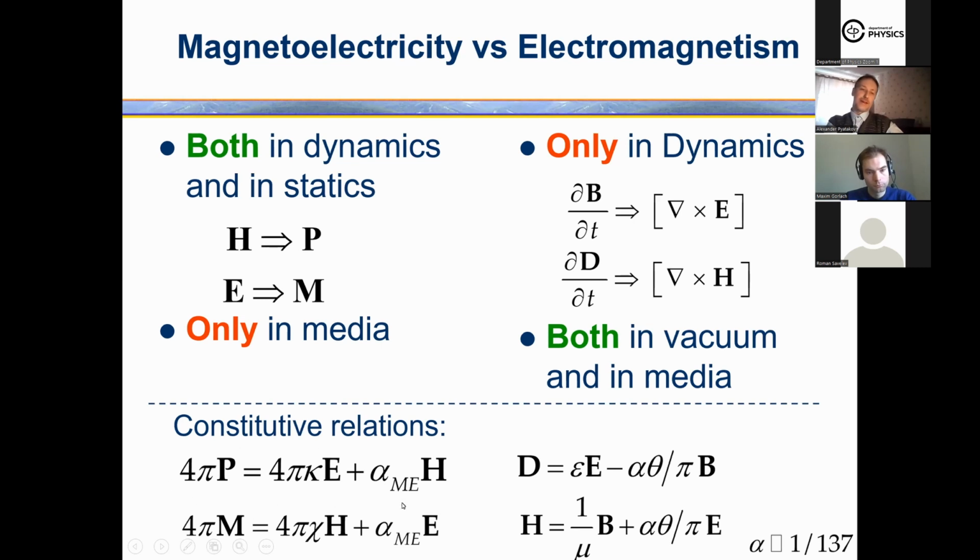When we consider the constitutive relations for magnetoelectrics, we can see, along with the conventional term that is proportional to electric field, the second term that is a cross-coupling term that relates electric polarization to magnetic field, and this magnetic field is related by a special coefficient that is called magnetoelectric coefficient, and in fact it's a tensor.